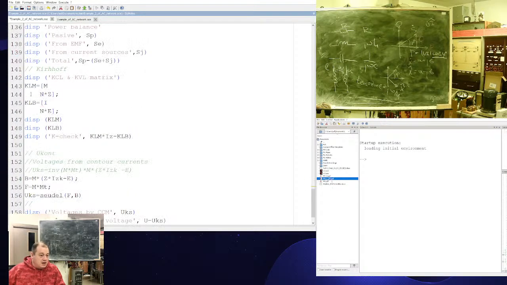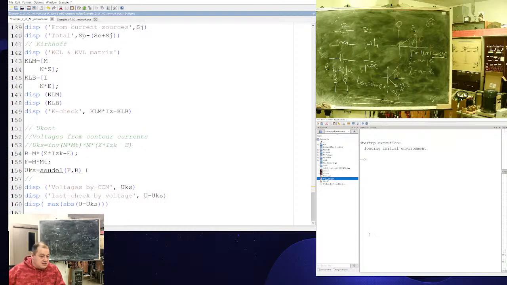Display here. Very easy. Kirchhoff's current and voltage law. And the last step: when I solve the contour current equation system, I get current. If I need voltage, I can use this, but it is easier to solve a linear equation system.